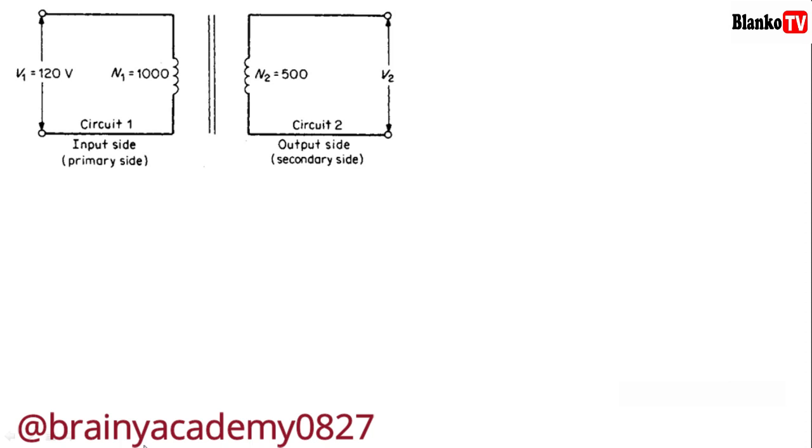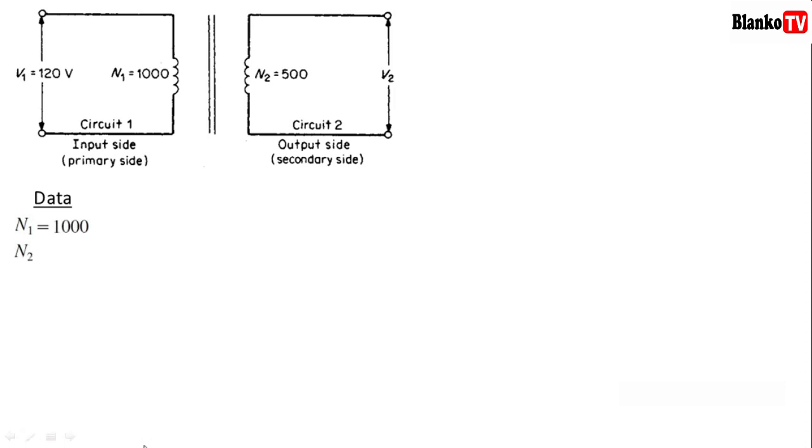Okay, so first of all, let's put down our data. We have N1, the primary number of turns, equal to 1000. N2, the secondary number of turns, is 500. Then V1, the primary voltage, is equal to 120.